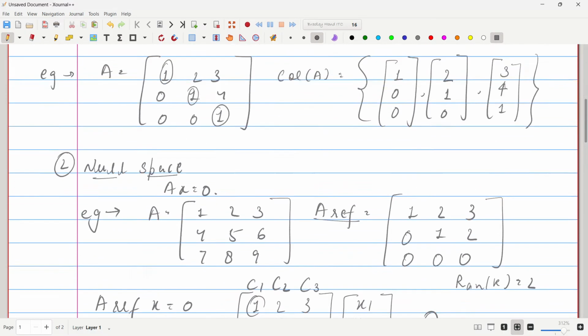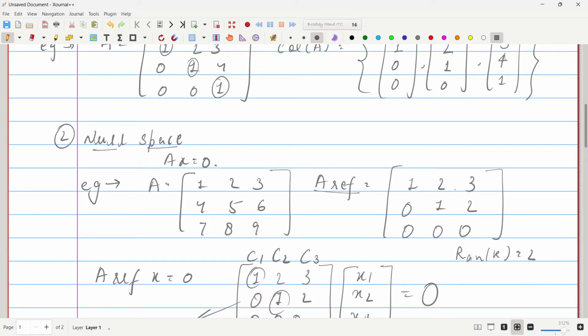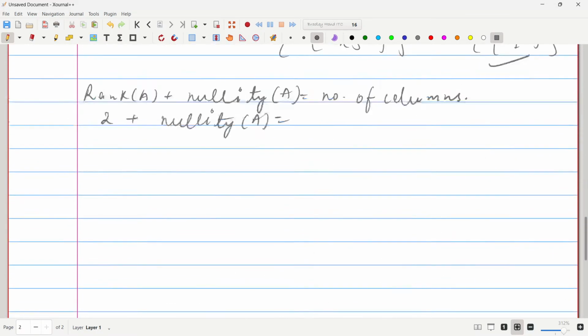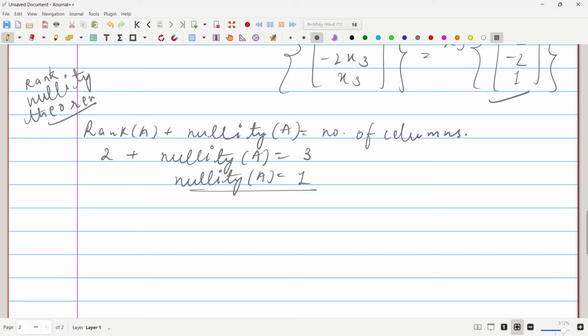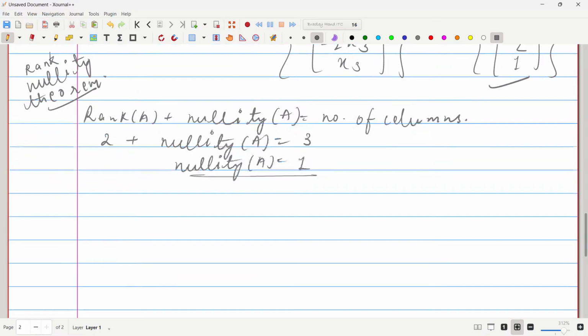How many columns does this matrix have? It has 3 columns. So 2 plus nullity of A is equal to 3. Then nullity of A is 3 minus 2, that is 1. So this is the rank-nullity theorem. Okay, I hope it is clear.